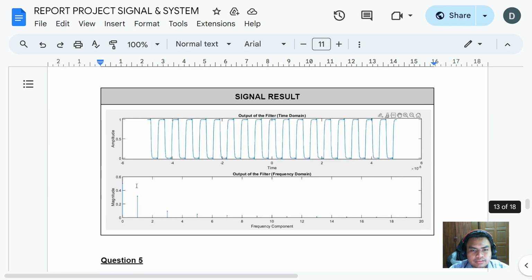After that, this is the signal result that we get. If it shows a shape like this, it is called the time domain, and the frequency domain will show up as this design.